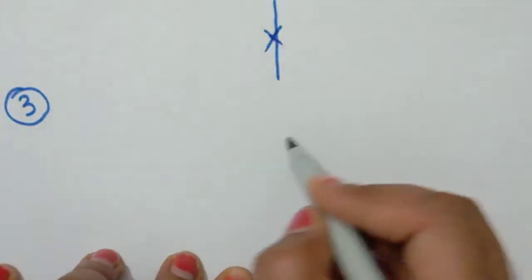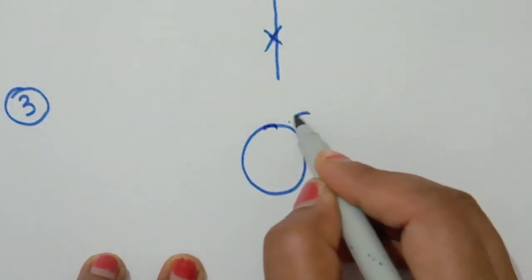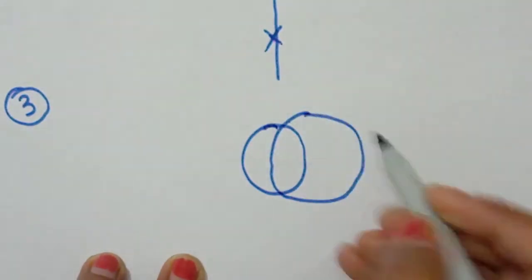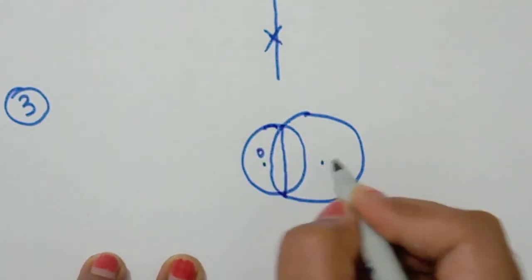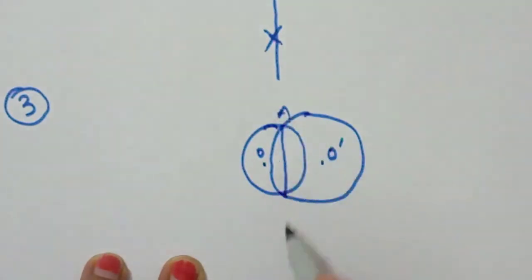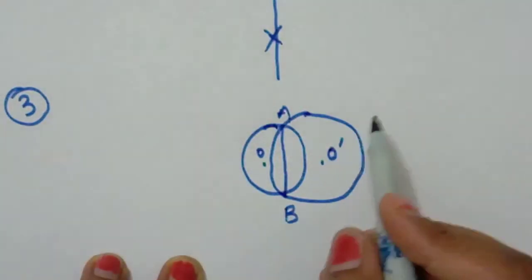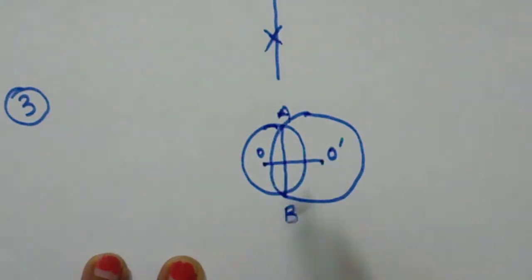So students, according to the question, if we have 2 circles like this, this is our common chord, and the center of the circle here and the other center of the circle here, O and O dash. We will take the chord as AB. So we have to prove that this line OO dash is the perpendicular bisector of AB.